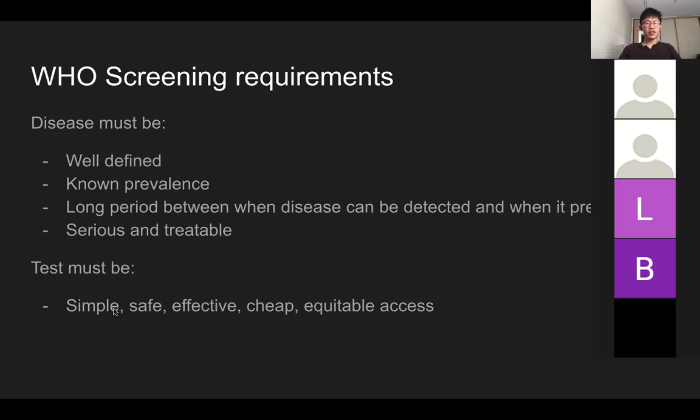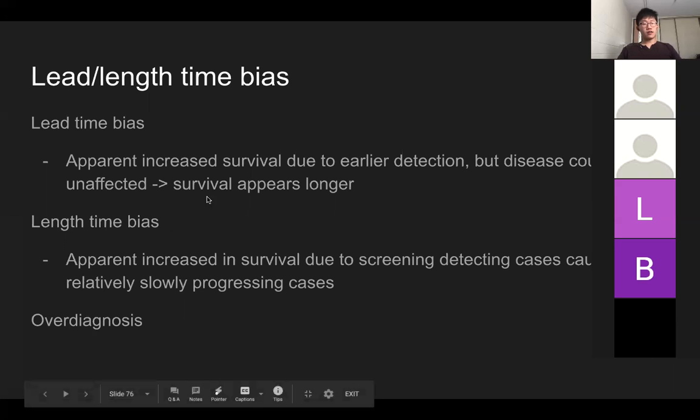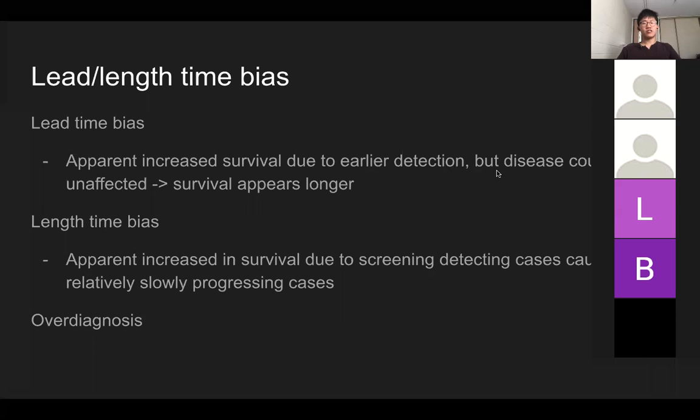Your test must be simple, safe, effective, cheap, and it must be equitably accessible. Here's just distinguishing between length and lead time bias. Lead time bias is your apparent increased survival due to earlier detection, but the disease course is unaffected.